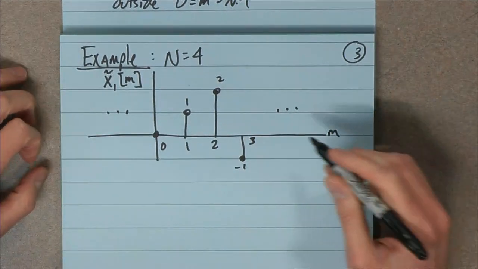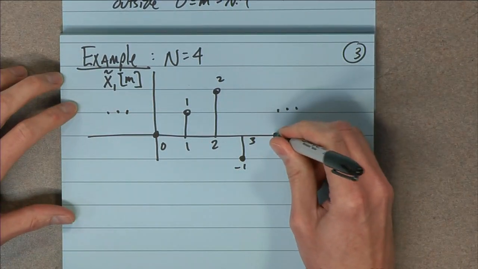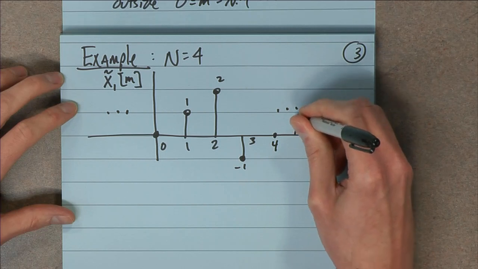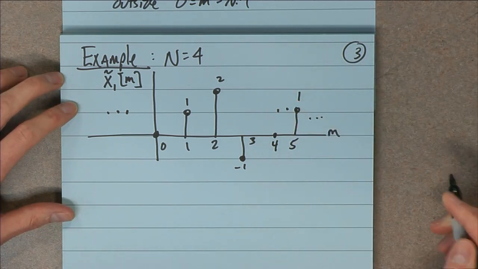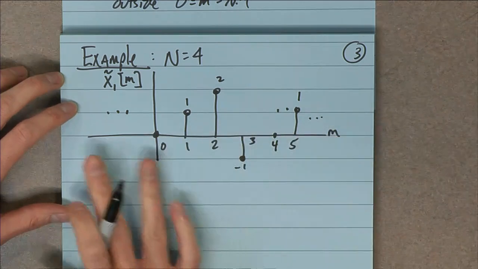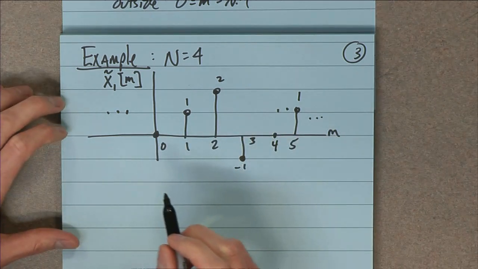So if it's not totally clear, you can think the next sample over is 0, 1. So it's just a repeat, forwards and backwards. So that's x1 of m.